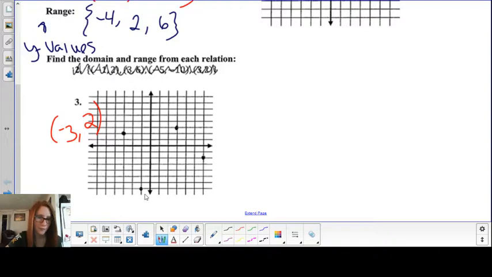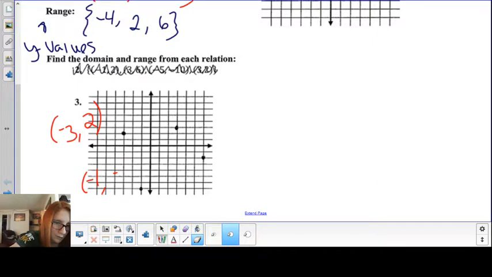Now I've got one down here, which is -1, comma, 1, 2, 3, 4, 5, 6, 7, 8, -8. Did I miss one? 1, 2, 3, 4, 5, 6, 7, -7. Can't count today. Sorry.